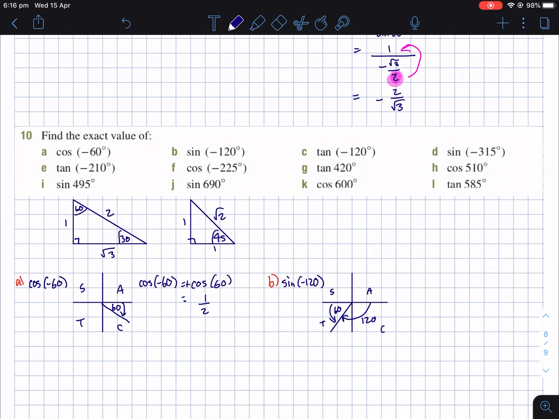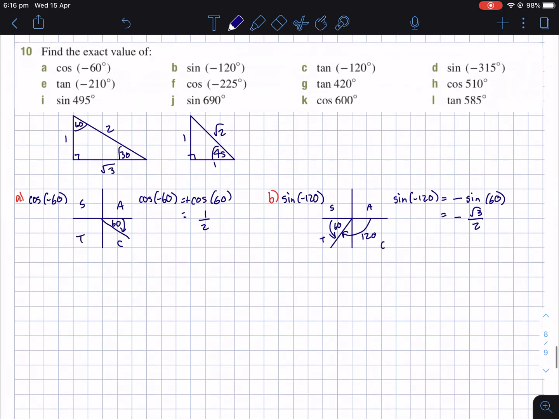SATC. So we know sine negative 120, where sine is negative in this quadrant, is the same as negative sine 60. We know sine 60 because we've got our triangle, sine 60 opposite over hypotenuse, root 3 on 2.